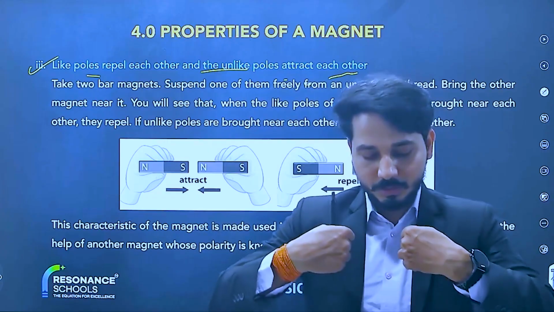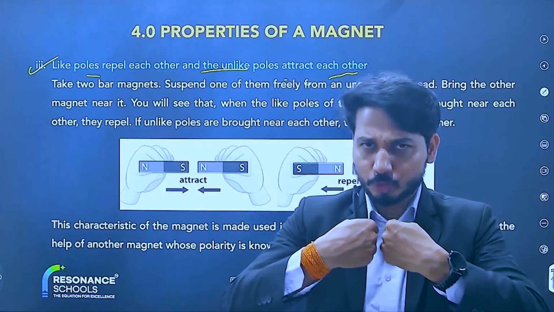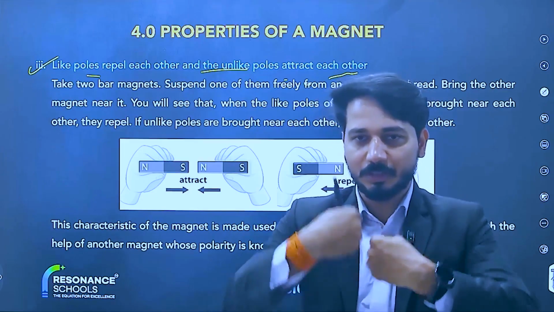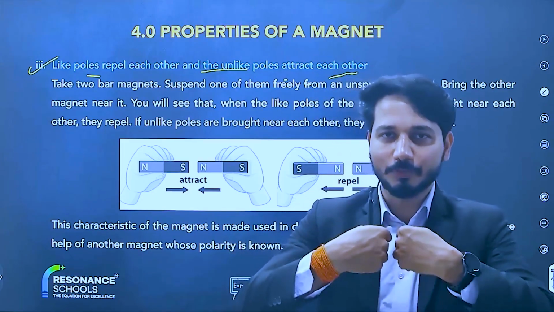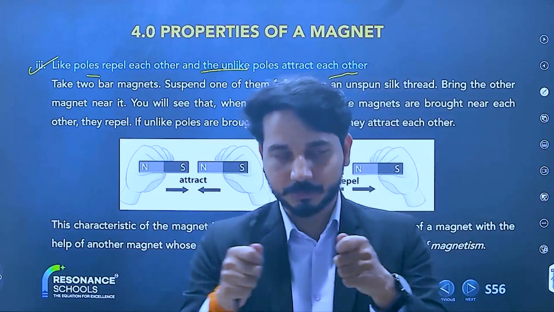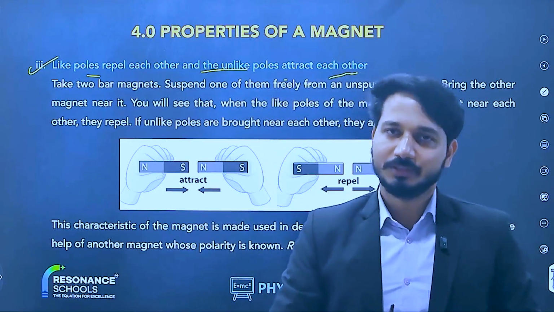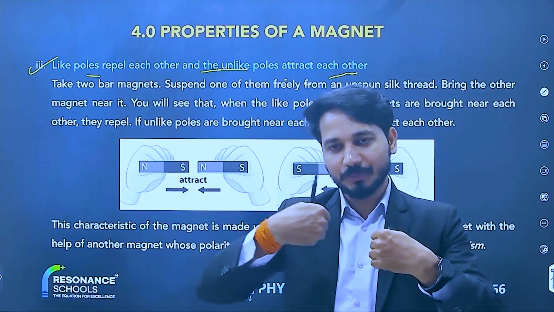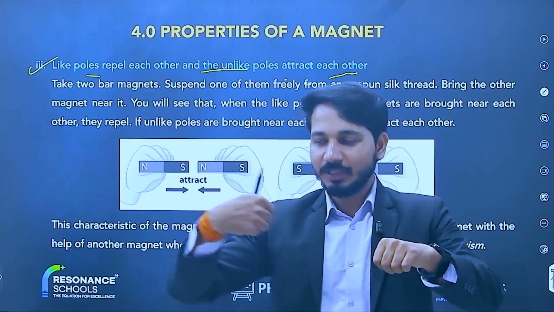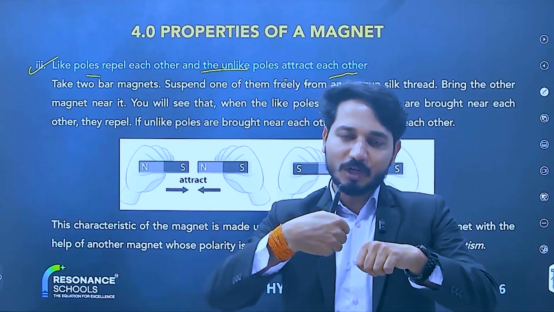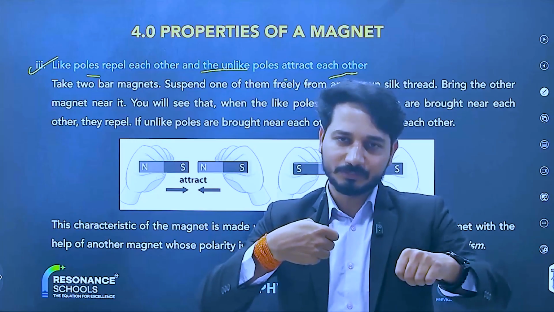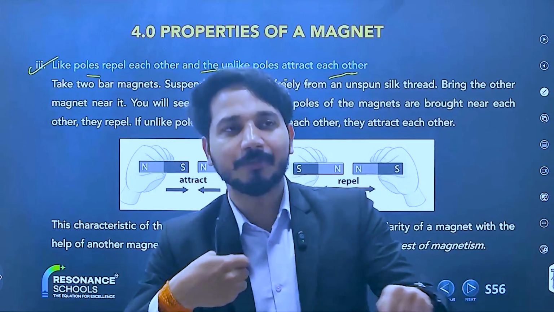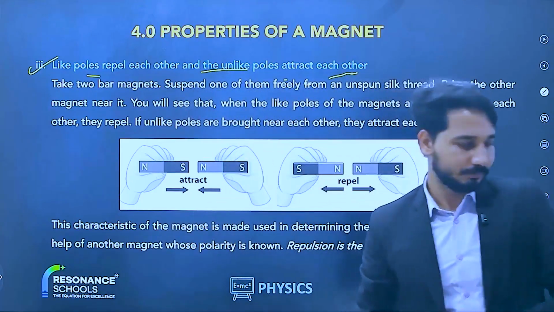You are applying a lot of force to bring them closer, but they are not coming closer, instead they are moving to either side. Just leave one magnet on the table and bring another magnet. If you observe that the other magnet starts moving away, it means it is repelling. This is the difference between attraction and repelling.